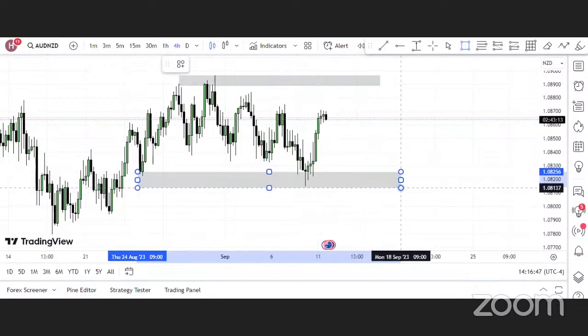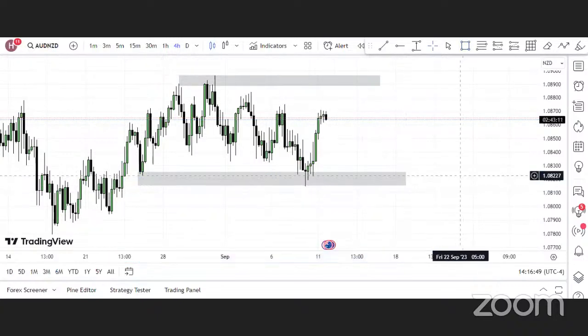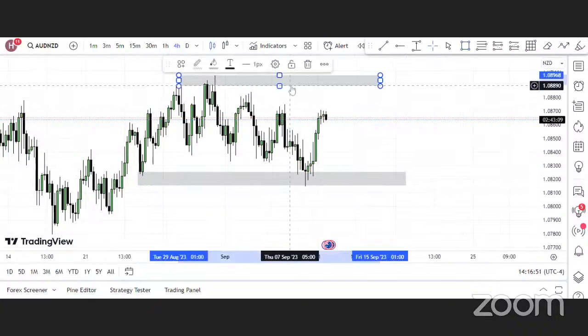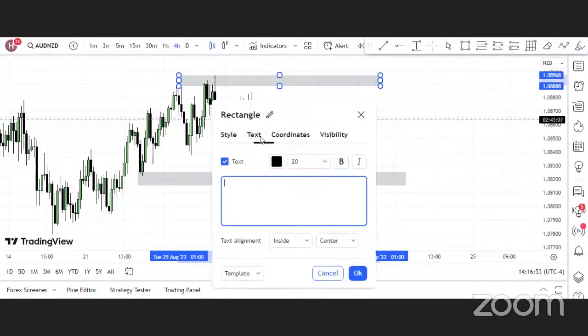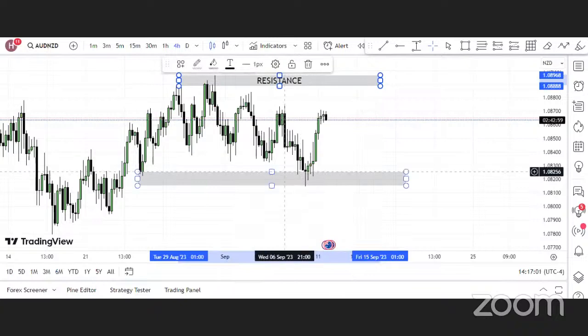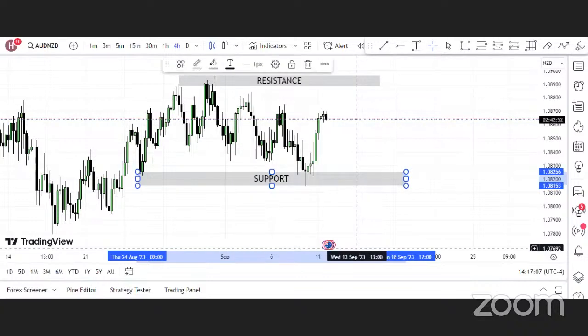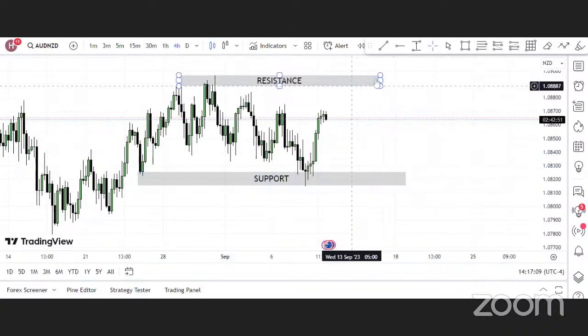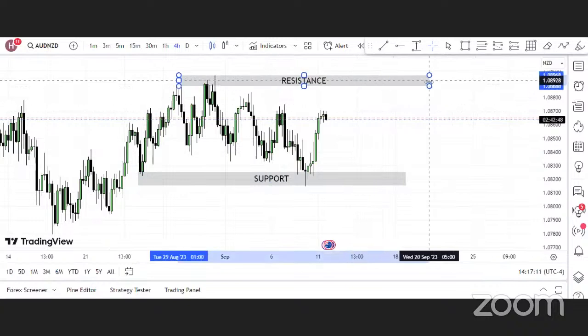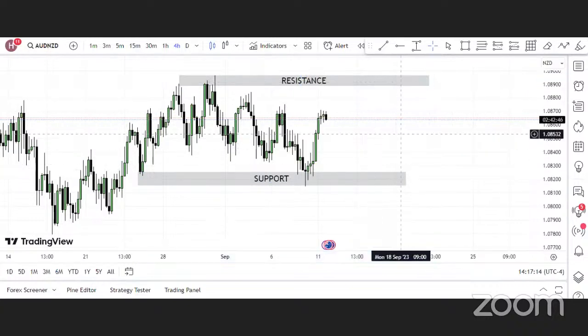Let's label it. This is resistance and this is support. So this is support, this is resistance, and the other one below is support.